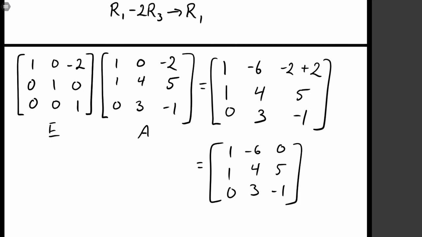Now, there's a very important use of this, which is that all of these elementary matrices are invertible, because they're all obtained from the identity matrix by one row operation.